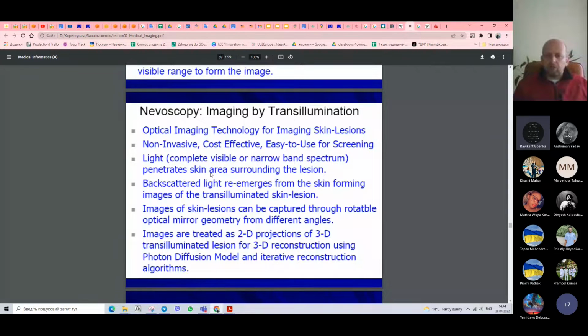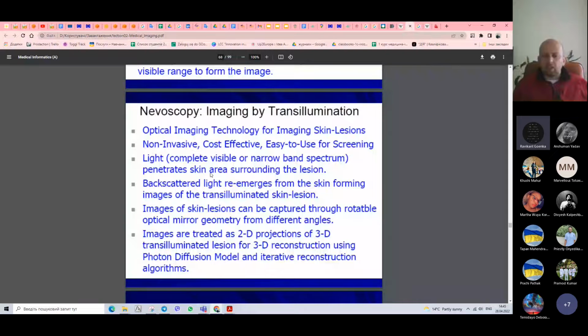Nevoscopy, imaging by transillumination. An optical imaging technology for imaging skin lesions: non-invasive, cost-effective, easy to use for screening. Light, complete visible or narrow band spectrum, penetrates the skin area around the lesion. Back-scattered light re-emerges from the skin, forming an image of the transilluminated skin lesion.